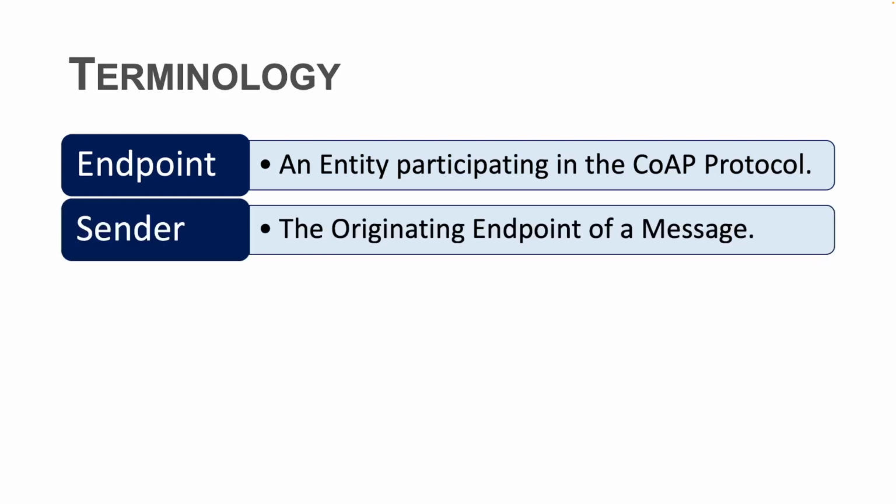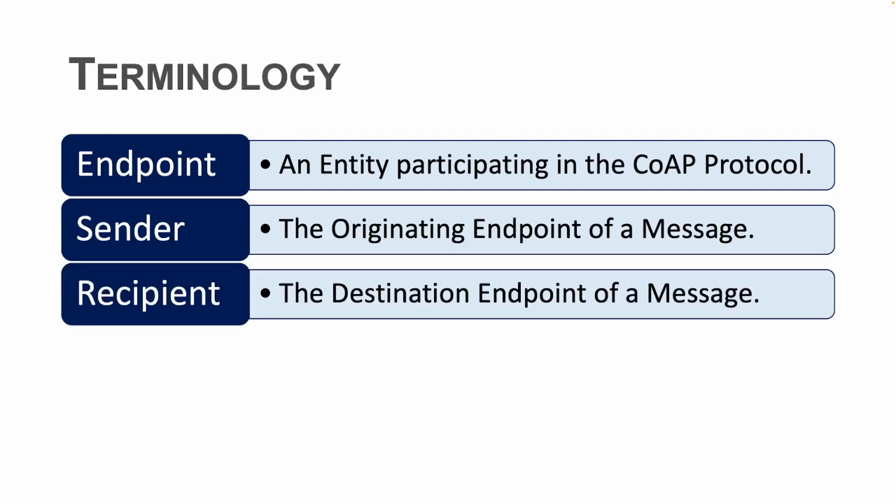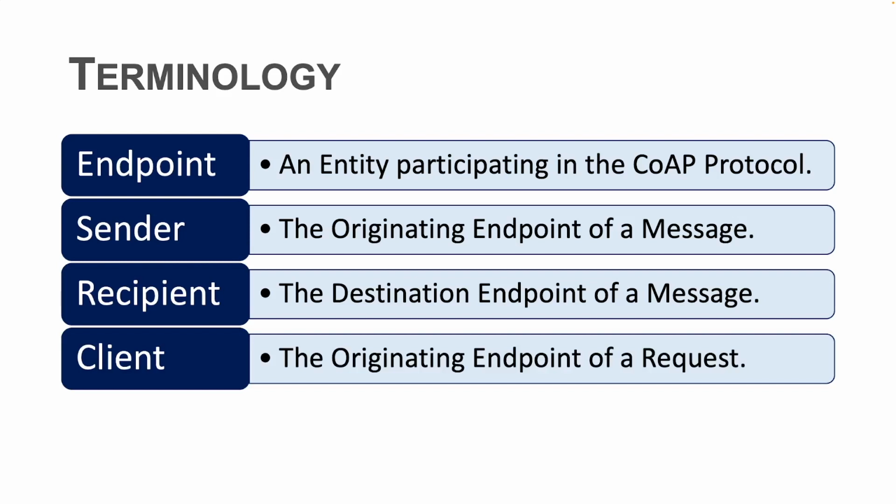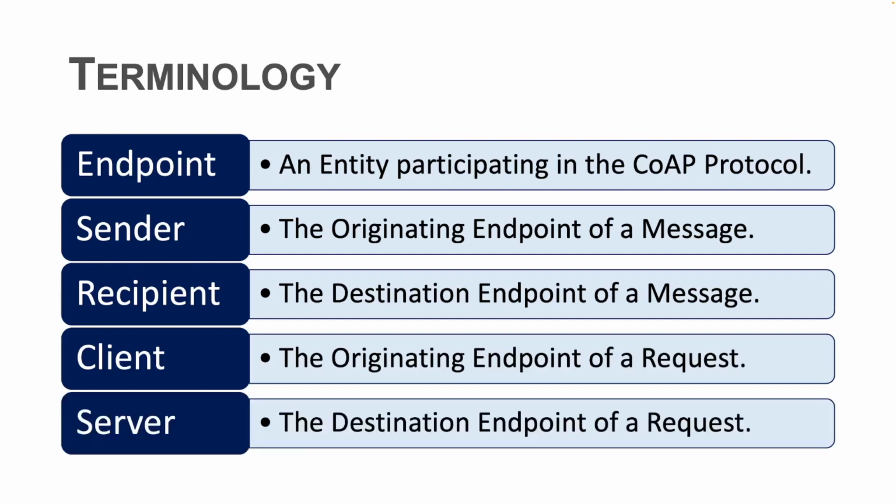Then there is the sender, which is the originating or source endpoint of a message. Next, there is the recipient, which is the destination endpoint of a message. Then there is the client, which is the originating endpoint of a request. And finally, there is the server, which is the destination endpoint of the request.